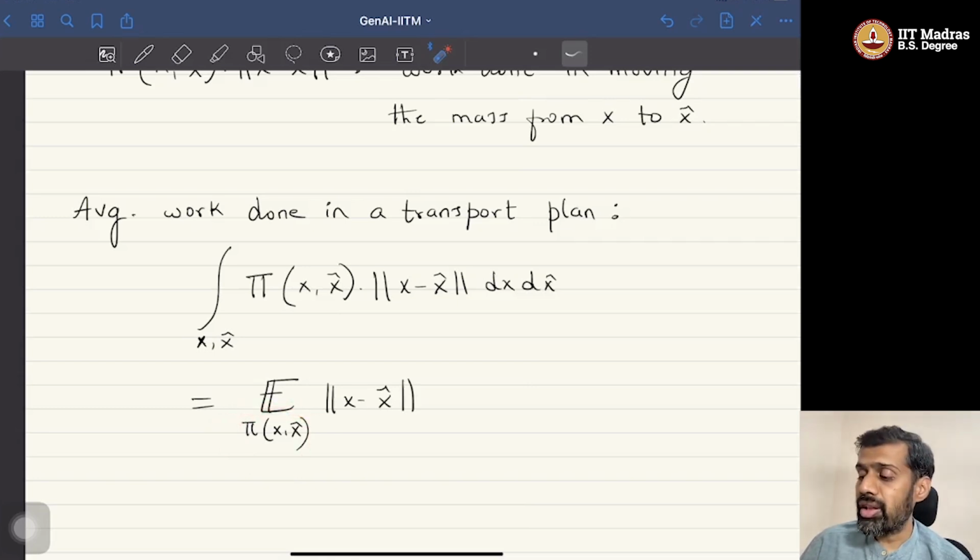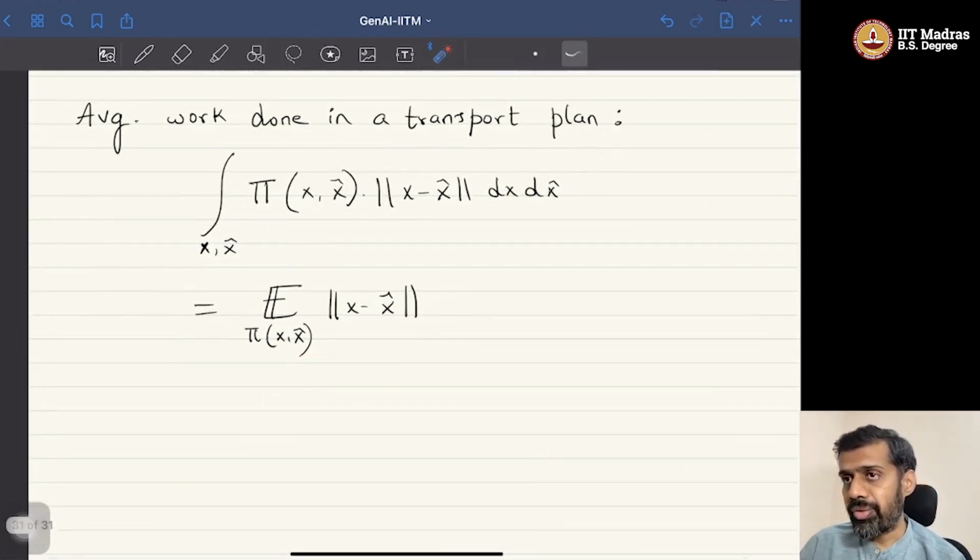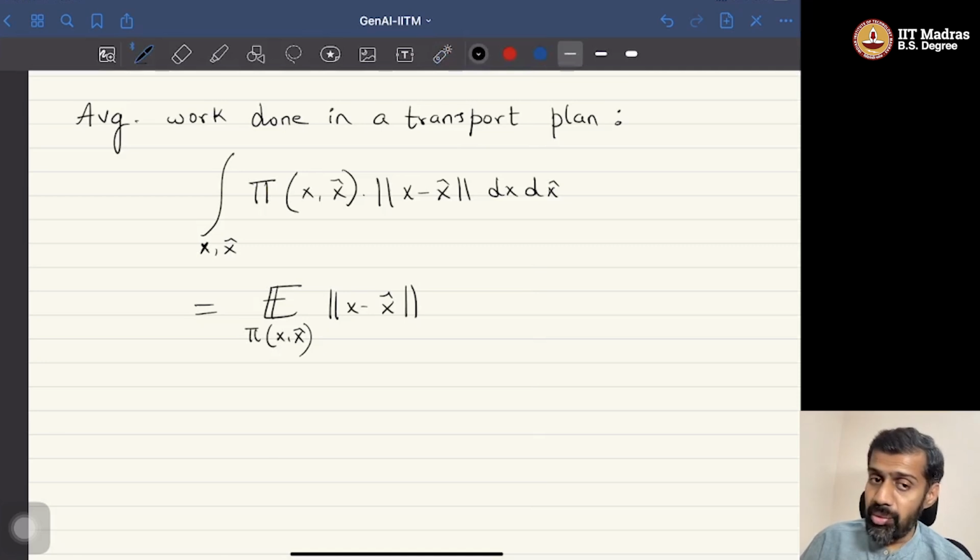Okay, so given a particular transport plan pi, the expectation of the norm of x minus x cap with respect to pi would just give you the amount of work done via that particular transport plan. Okay, now remember what we are looking for. We are looking to get a distributional divergence metric that will tell me how close or far a given pair of distributions are.